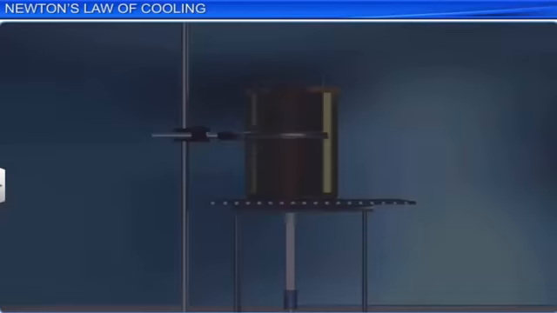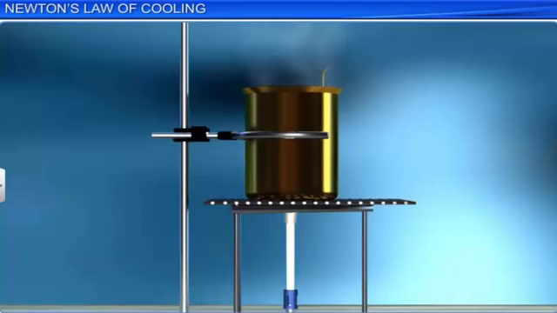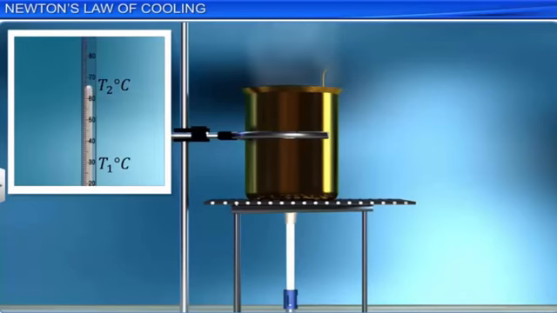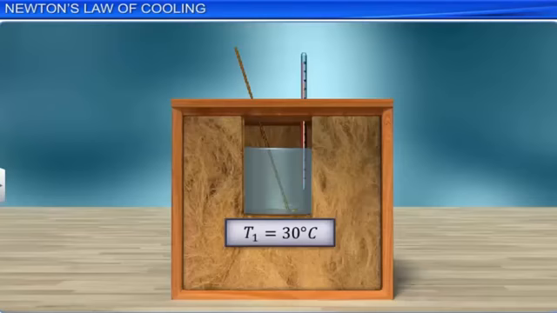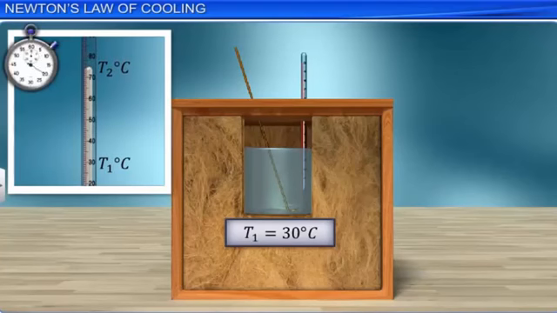Now, let us first heat the water in the calorimeter to raise the temperature to say T2 degrees Celsius. And then stop heating and allow the water in the calorimeter to cool.